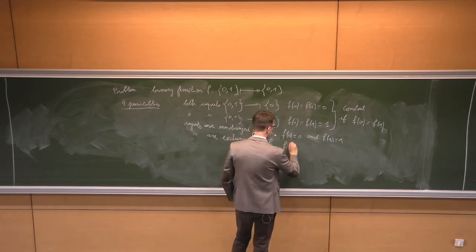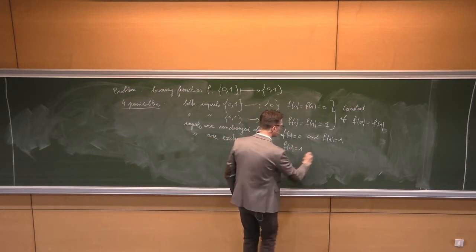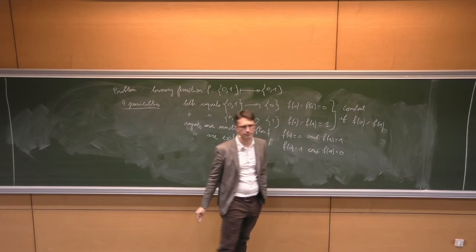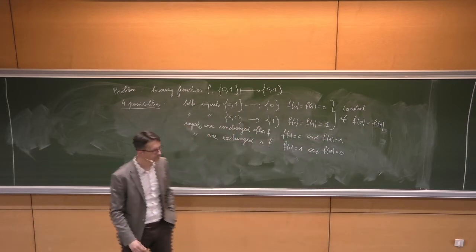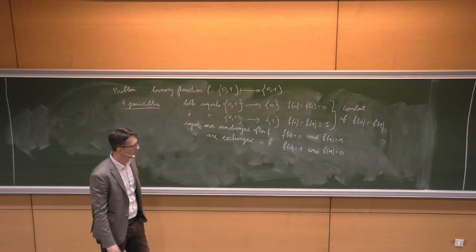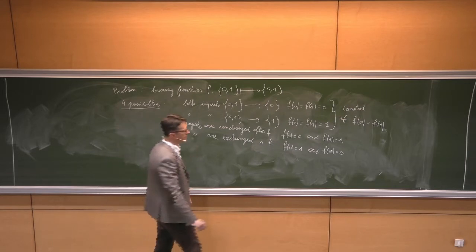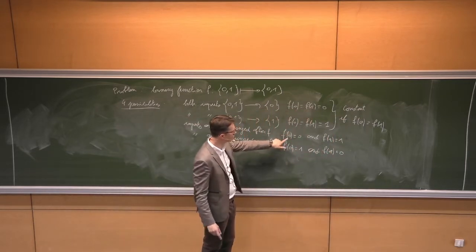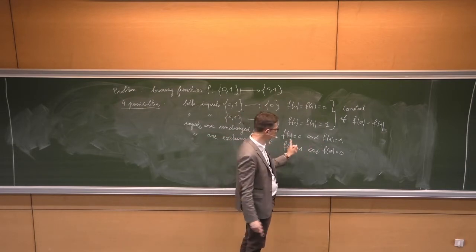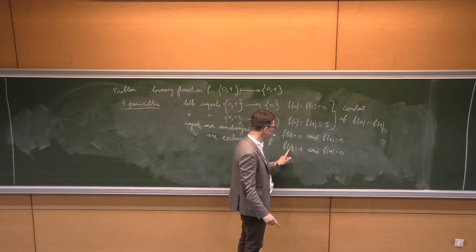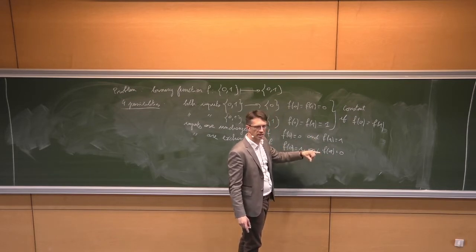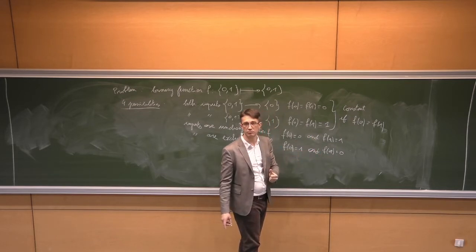So f of 0 gives me 1, and f of 1 gives me 0. And this also is a specific family, because if f of 0 is 0 and f1 is 1, or f0 is 1 and f1 is 0, in both cases f0 is different from f1.